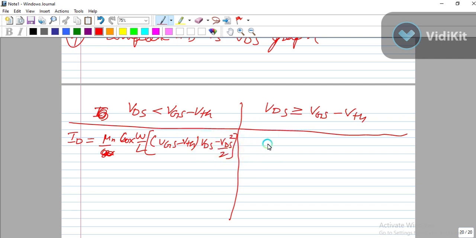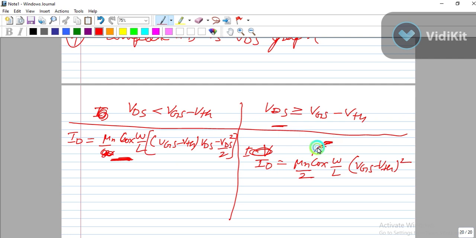And for this condition, ID was equal to Mu n Cox W by L (VGS minus VTH) square, and there was 1 by 2. So this equation is not applicable here. The first is called active region, linear region, and this is called saturation region.